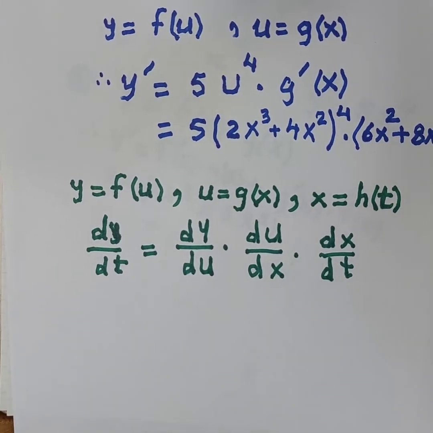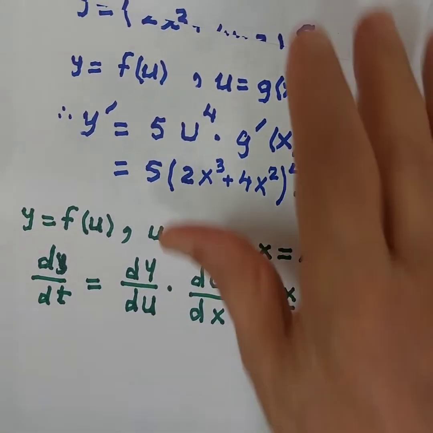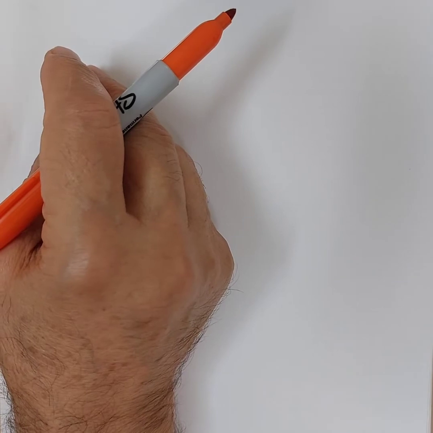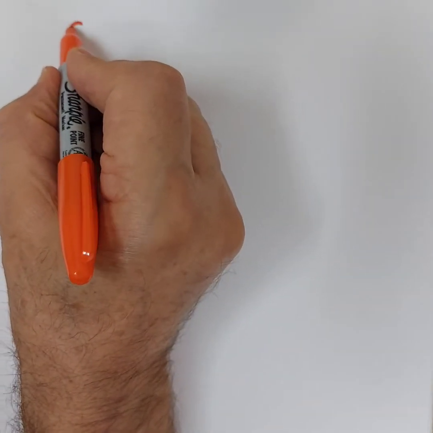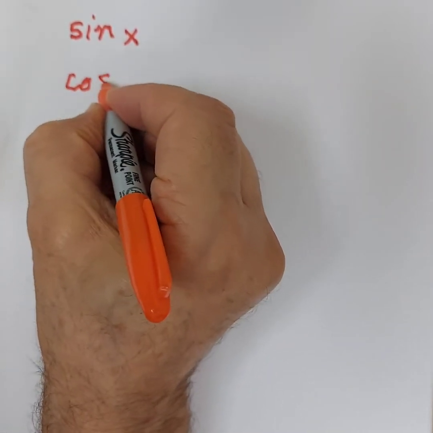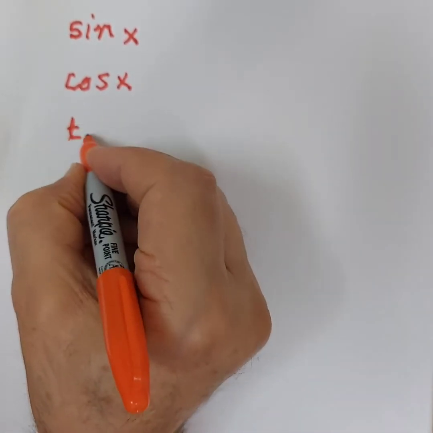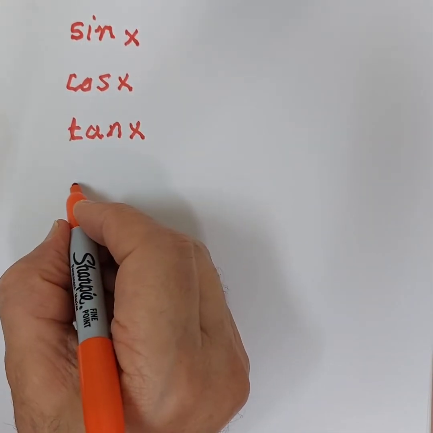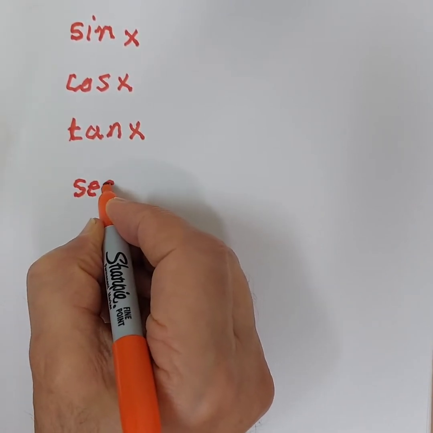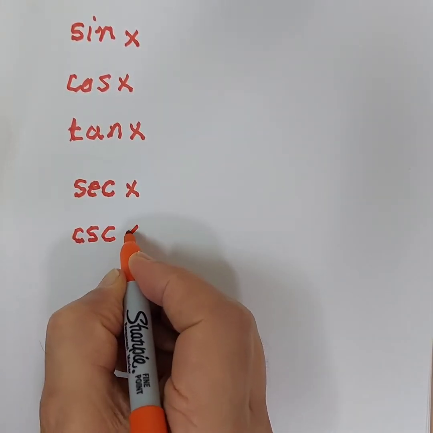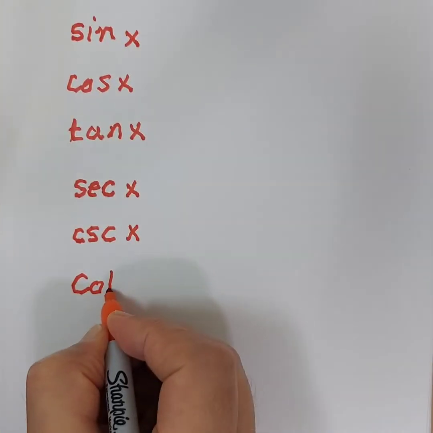Okay? We need to know another rule. The next rules are the rules for the trigonometric functions, like sine x, cosine x, tan x, and also secant x, cosecant x, then cotan x.